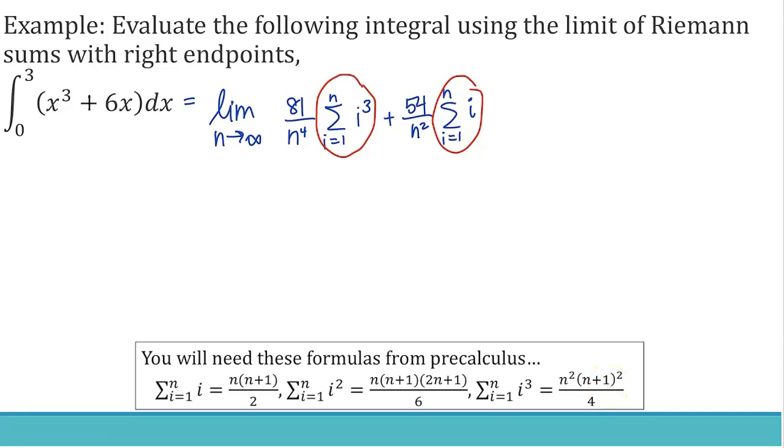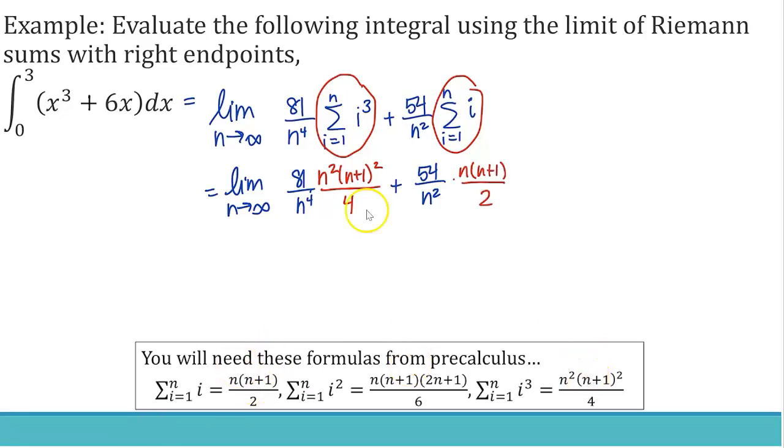So I'm going to replace this with n squared times quantity n plus 1 squared over 4. But I'm going to leave the 81 over n to the 4th. And we still haven't evaluated the limit, so that's got to stay. And then plus 54 over n squared stays. And the sum of i equals 1 to n of i has a nice formula. It's n times quantity n plus 1 over 2.